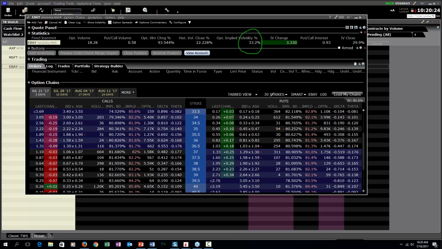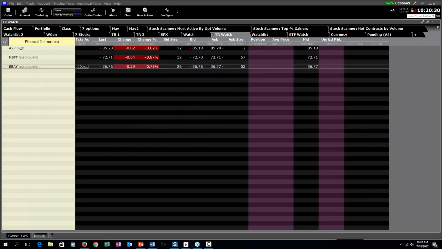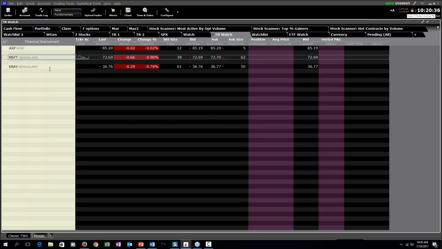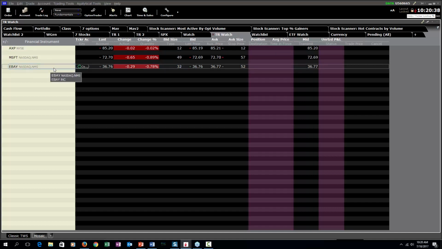So from the standpoint of risk, American Express is expected to be the least risky. Well, it's a huge financial company. The other two are tech names, and tech historically is a little bit more volatile.